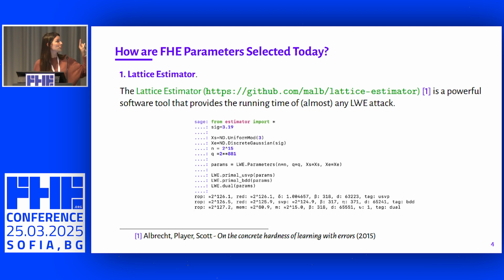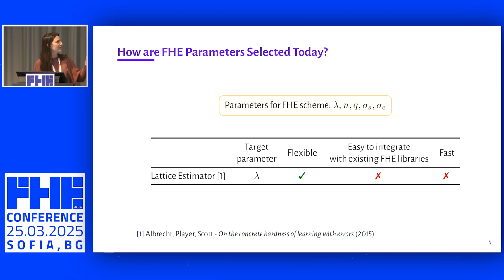You can choose the secret and the error distribution, N and Q, and the attacks that you want to know the running time of. And it provides the running time, so the security. So the target parameter is the security. It's super flexible because you can choose whatever you want. But it's not easy to integrate with the existing FHE libraries, and sometimes it's also not fast.